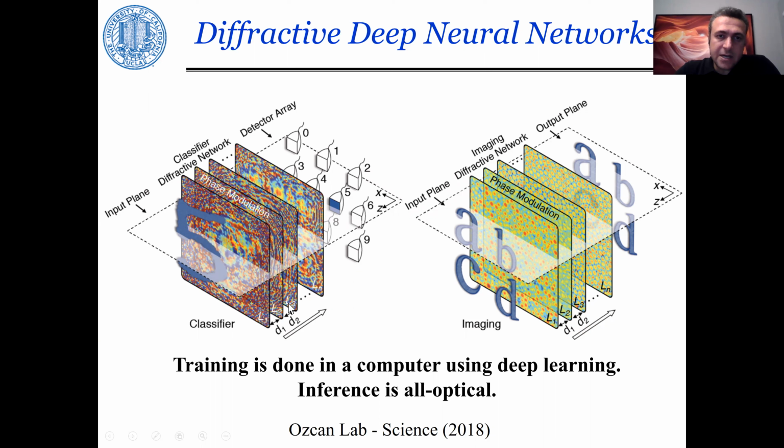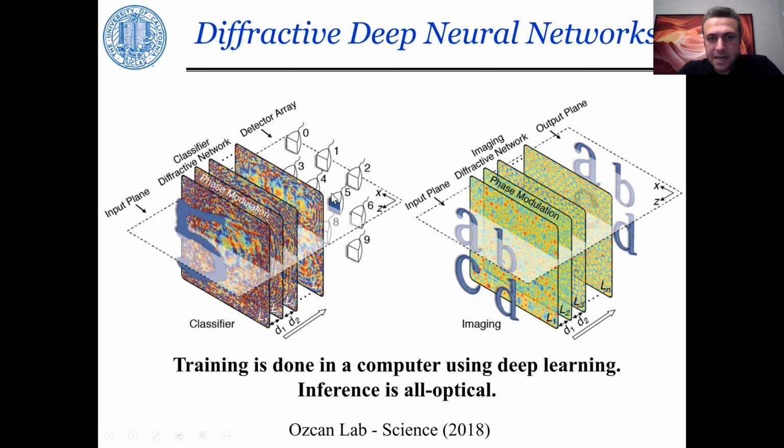So this set of layers have been trained till their layers here are adjusted to route the photons of a given image class to the correct detector.